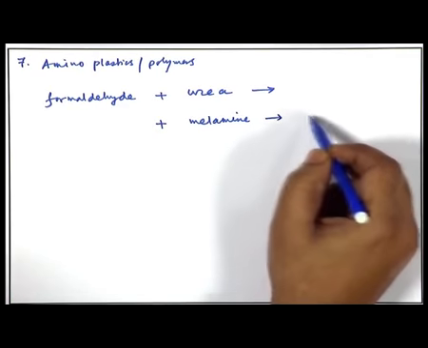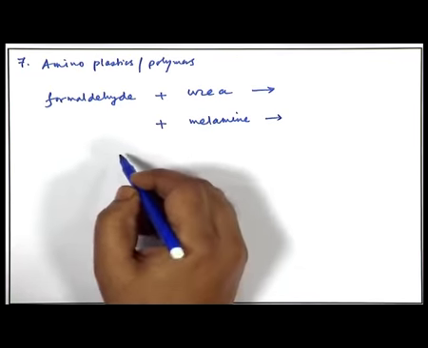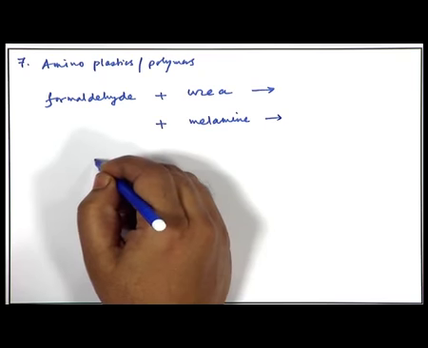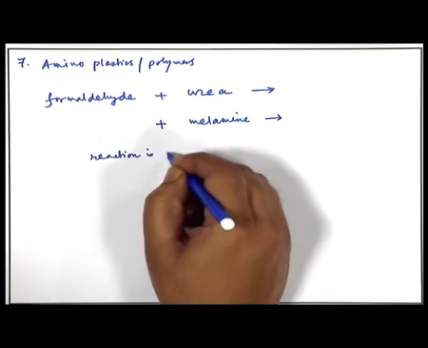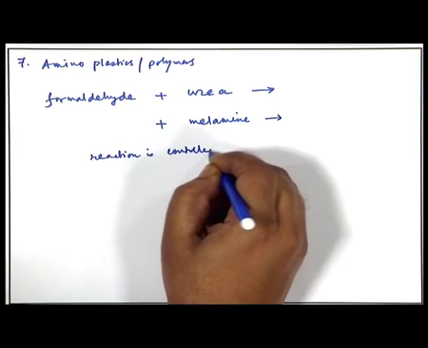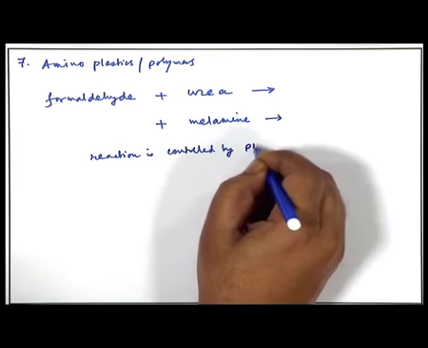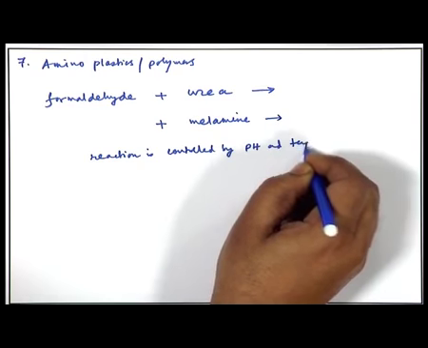You again get a cross linked product, and the reaction is controlled by the pH and temperature of the medium.